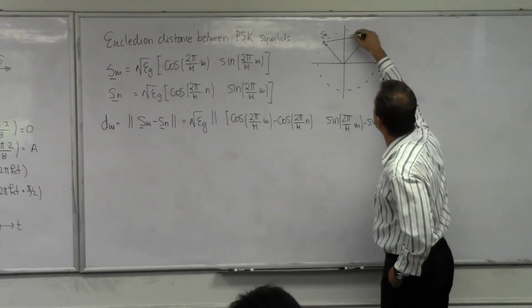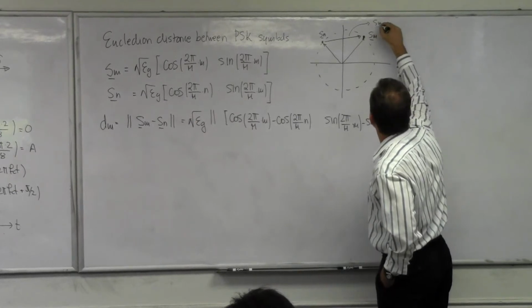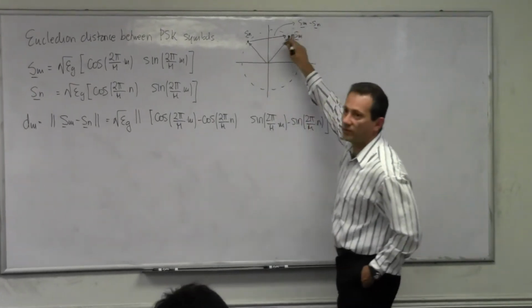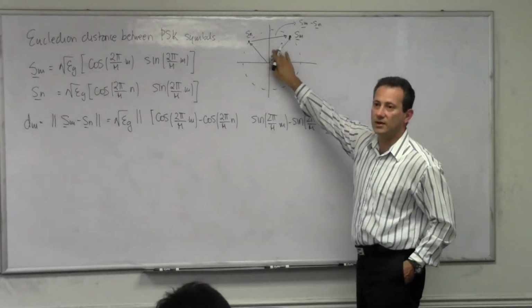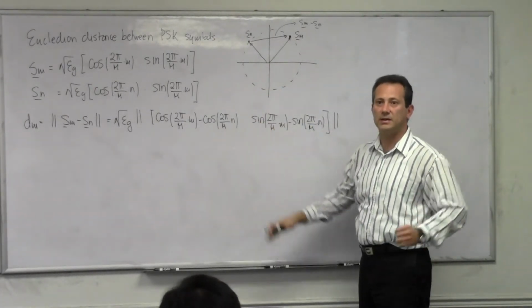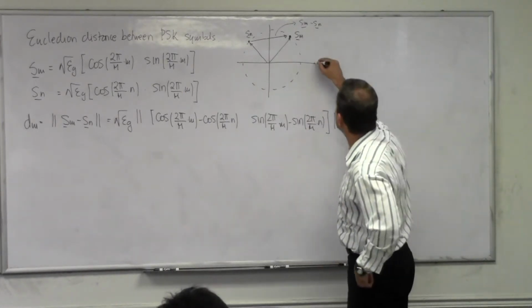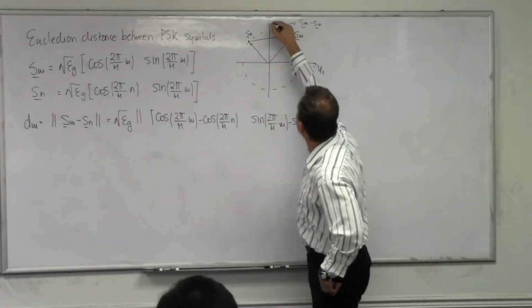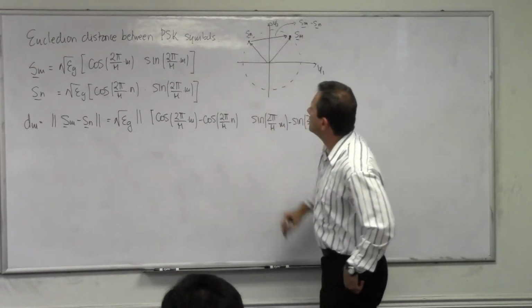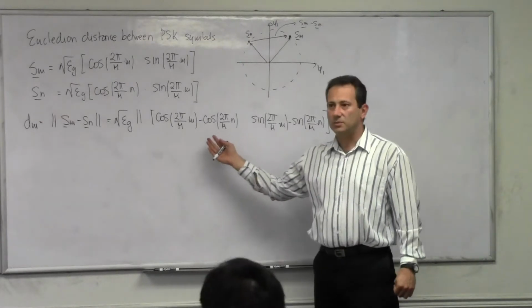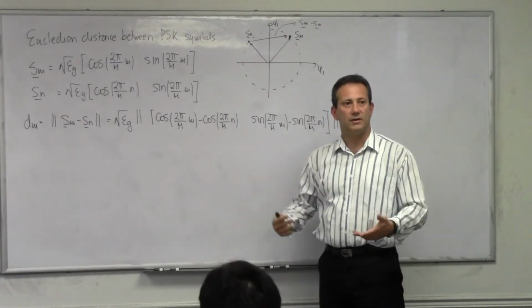This vector here is S_m minus S_n. And what we're looking for is the norm of this distance, how far these 2 vectors are, how separated they are in a constellation domain. This is psi 1 and psi 2. So how do we calculate the norm of the vector? Well, it's a square root of the dot product of the vector with itself.